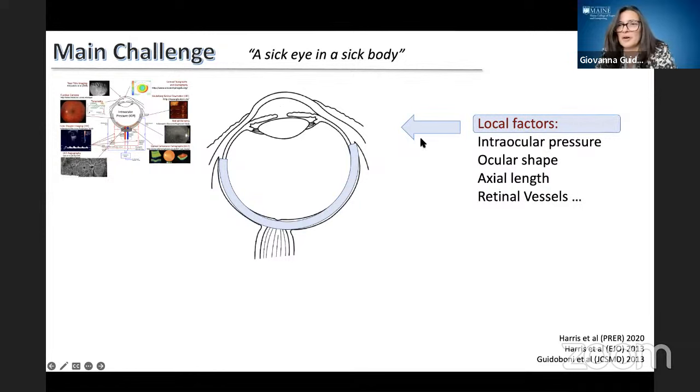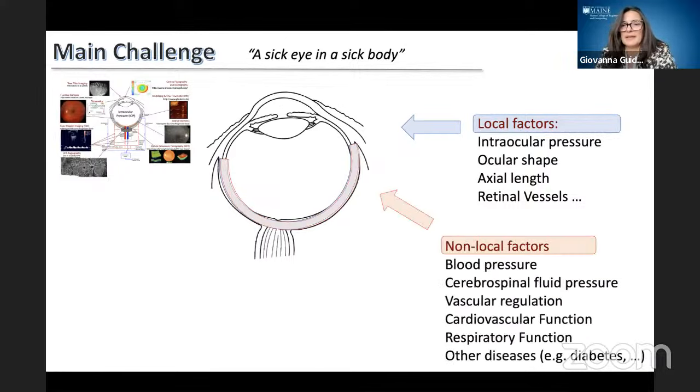For example, intraocular pressure, that is the pressure of the fluids inside the eye, and the ocular shape. For example, if you are myopic or hyperopic, the eye may have different shape, different axial length, different lumen and diameter of retinal vessels, and so on. So factors that are local to the eye may influence the measurements that we acquire in the eye.